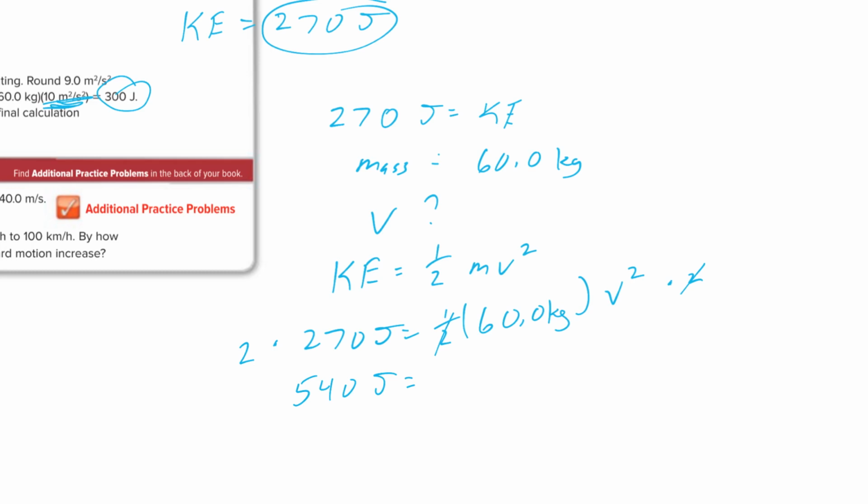And that still leaves our 60 kilograms times v squared. Now you divide both sides by 60. So 540 divided by 60 gives us 9.